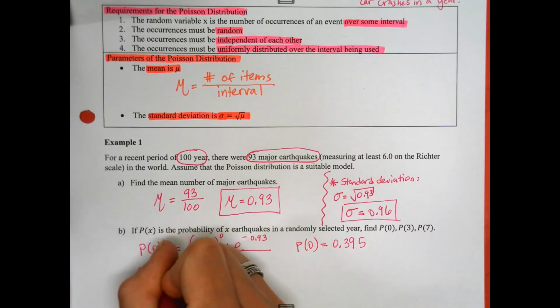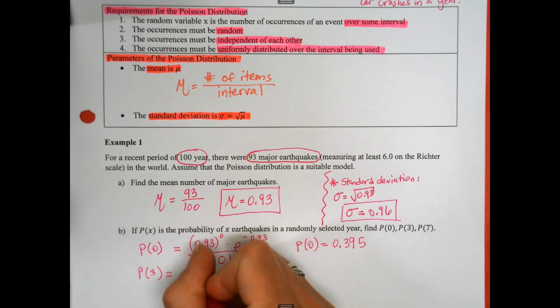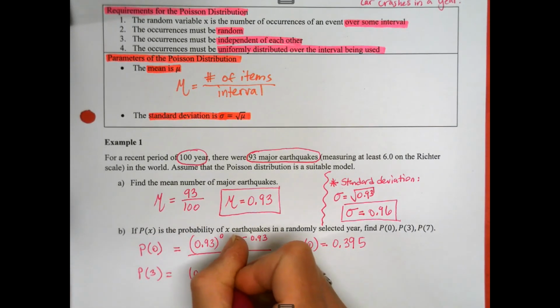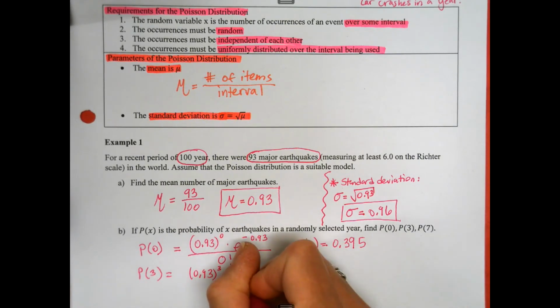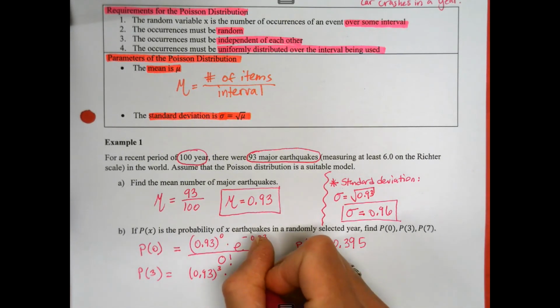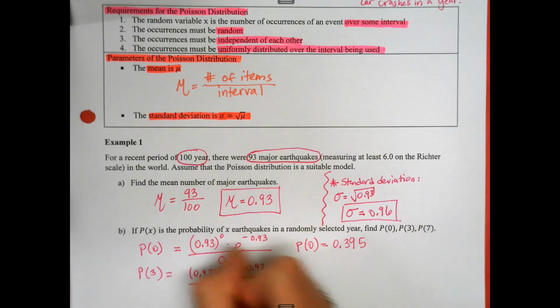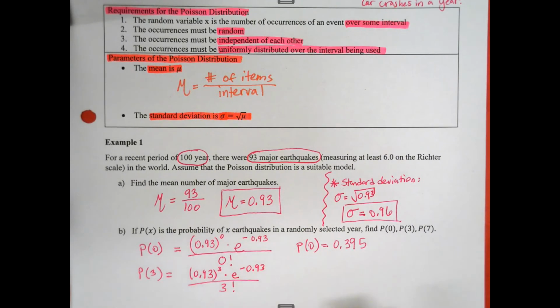The probability of 3 earthquakes will be 0.93 to the third power times e to the power of negative 0.93 divided by 3 factorial.